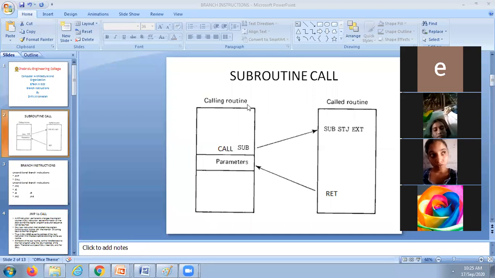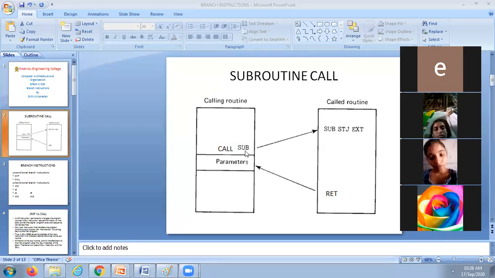This block you call the main function. In the main function, suppose you call a factorial function, or you can call any function. That function is the sub function or subroutine, and this is the main function.